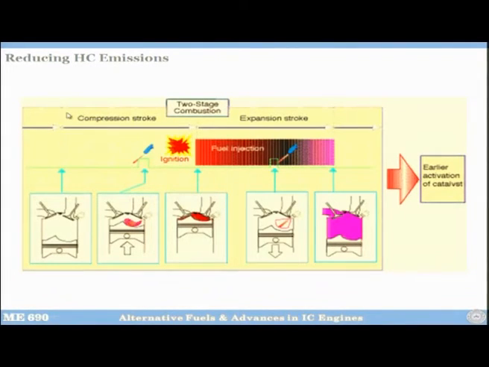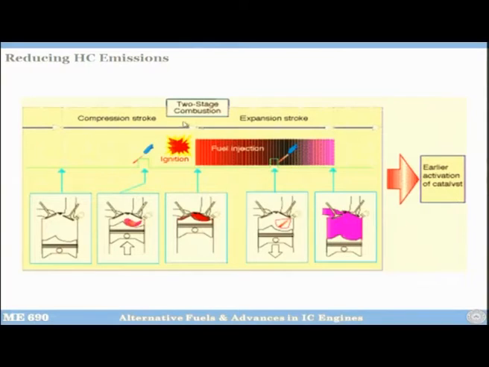So, in two-stage combustion, you see this is the compression stroke. You inject at the end of the compression stroke here and ignite it. So, now the mixture is burning here and you have just started the engine. Once you have just started the engine, the temperature of the exhaust will be very cool.